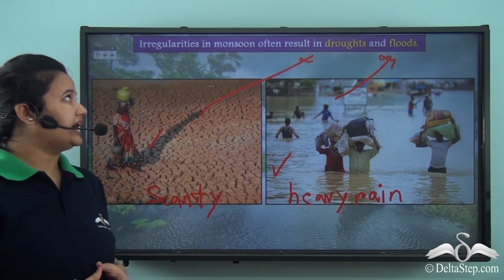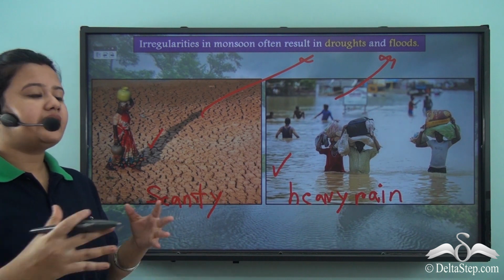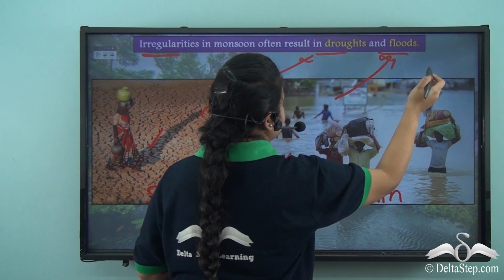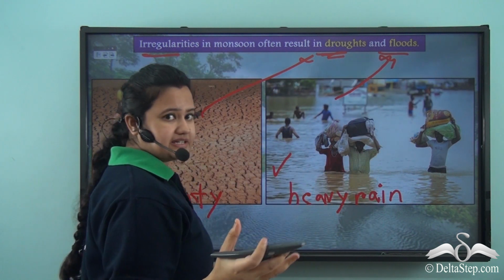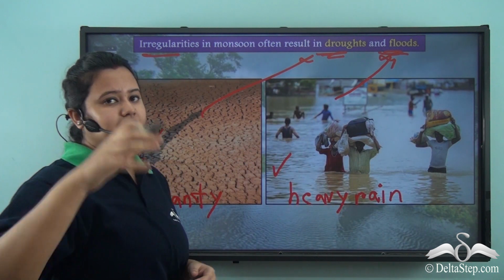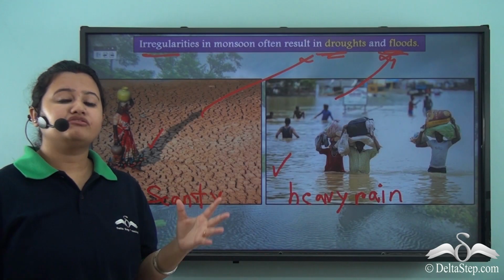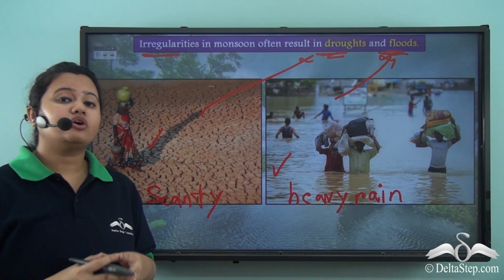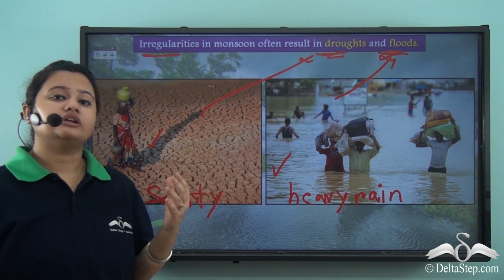Thus, we find that abnormalities or irregularities in monsoon often results in droughts and floods. Droughts happen due to scanty rainfall, whereas floods happen due to heavy and torrential rainfall. Now, this drought and flood situation severely affects the lifestyle of Indians and also has a strong impact on Indian economy.